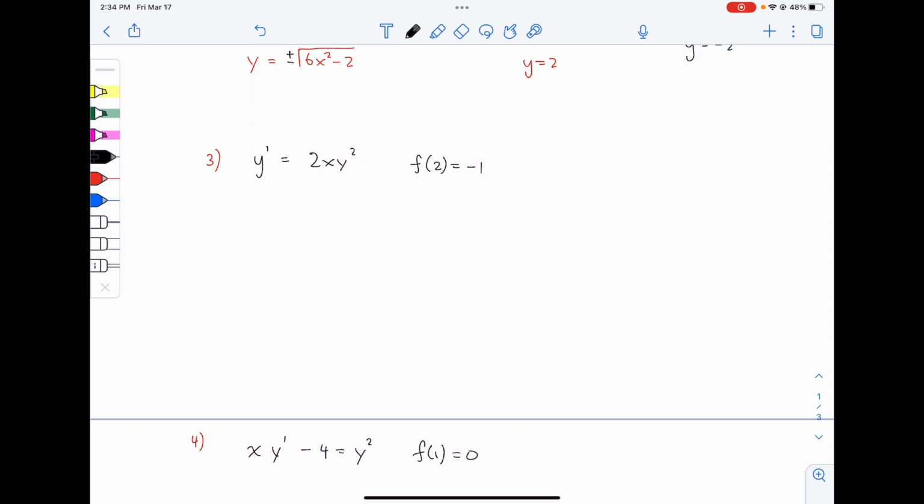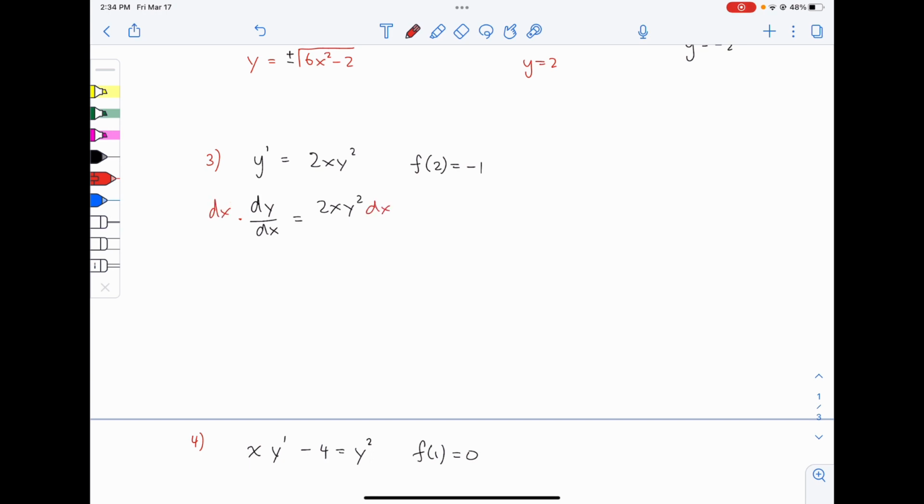Let's get to something a little bit harder, but not too bad. We have y primed is equal to 2xy squared. Well, instead of writing y primed, this is actually dy over dx, and that's equal to 2x y squared. I'm going to multiply both sides by dx.